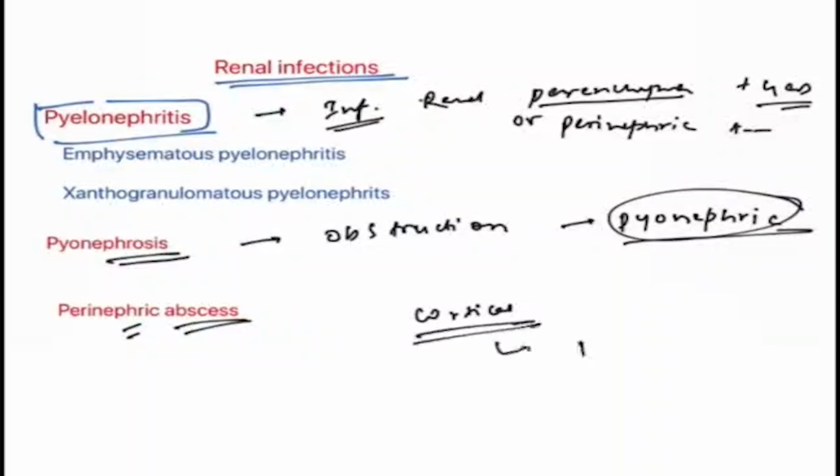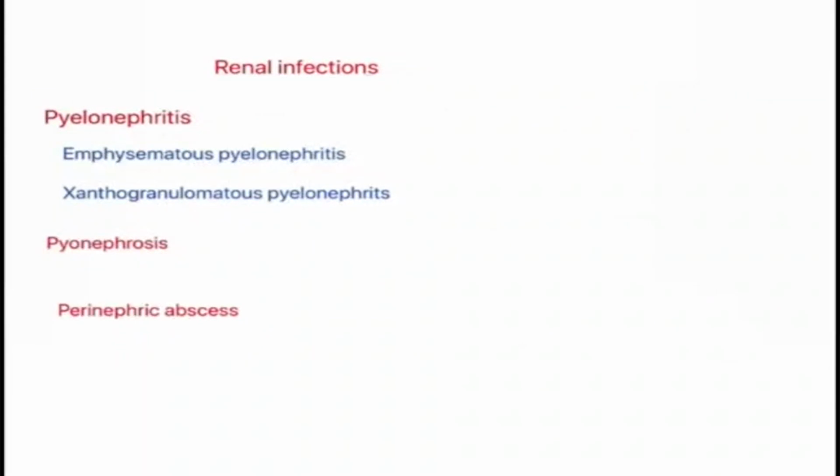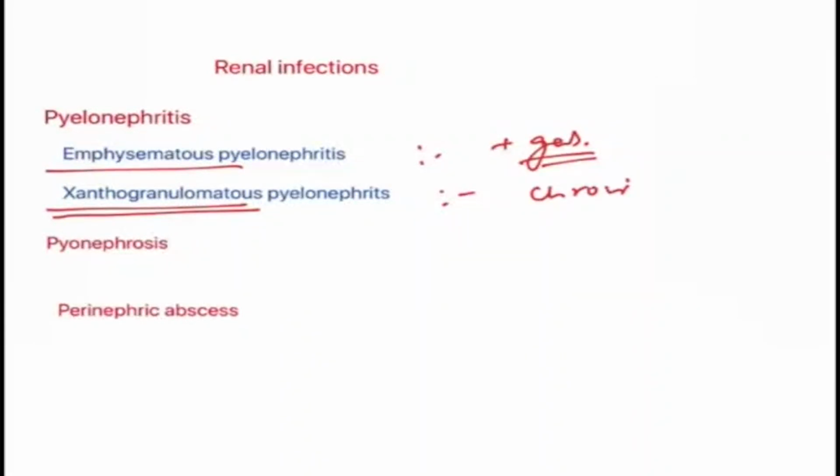In perinephric abscess, the abscess is present in the cortical tissue, but these are mostly because of hematogenous spread to the renal cortex from infection other than this renal system. The emphysematous pyelonephritis is pyelonephritis with presence of gas, and xanthogranulomatous pyelonephritis is pyelonephritis in a chronic kidney.